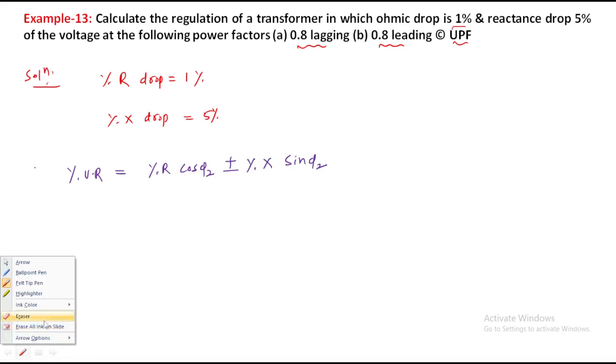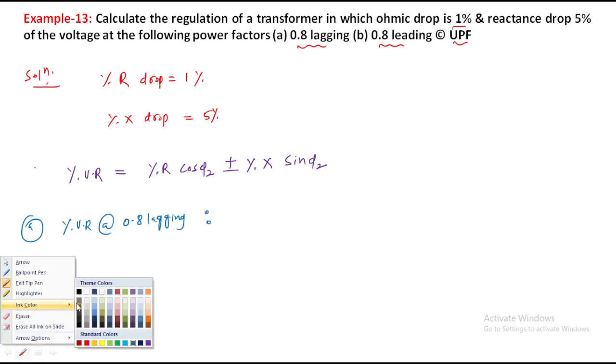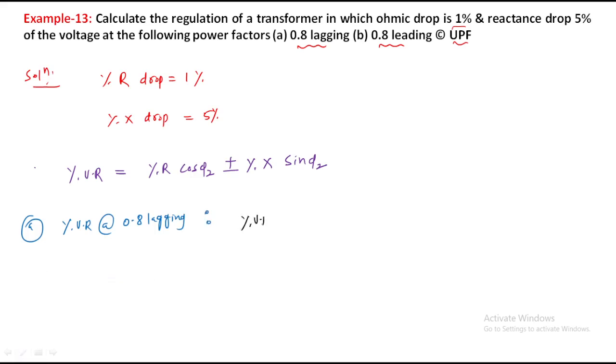So what is the first part? Percentage voltage regulation at 0.8 lagging, right? Cos phi 2 is 0.8, sin phi 2 is nothing but 0.6. So percentage R cos phi 2 plus, because lagging, percentage X sin phi 2.